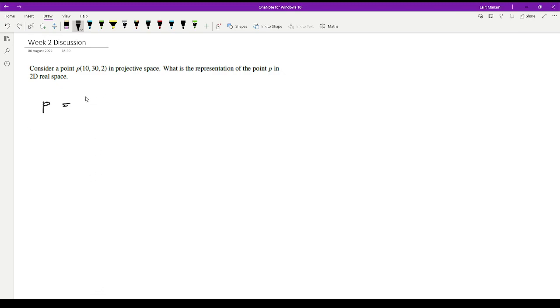So before that, can anyone tell what is projective space? I guess that was in the first lecture of the week, lecture number 5, if I remember correctly. It was mentioned in that.